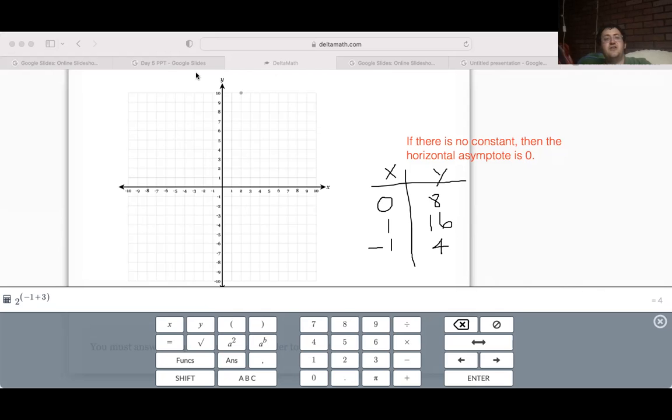And then if I do -2, that's going to get me to 2. And then if I do -3, that's going to get me to 1.